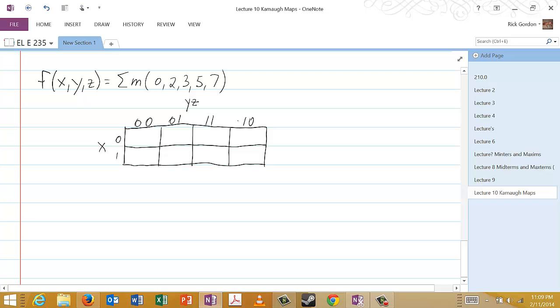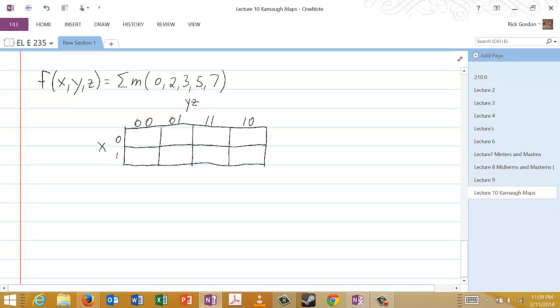Now, you might be thinking that what you need to do is to get the algebraic expression for f and then to look at each one of those terms separately. You know that the good thing here is that f is already in terms of minterms. In fact, we have 5 minterms: minterm 0, 2, 3, 5, and 7.